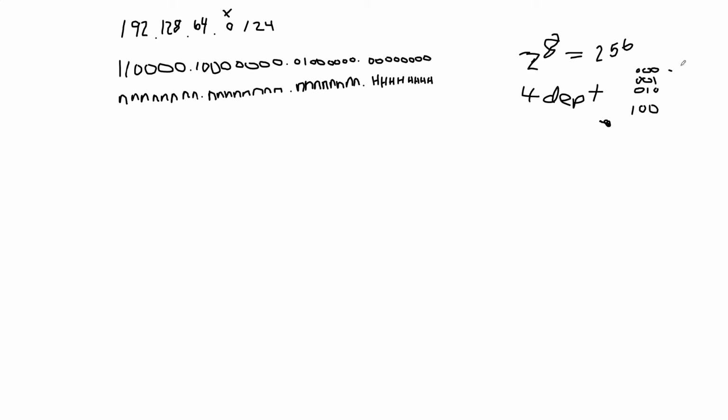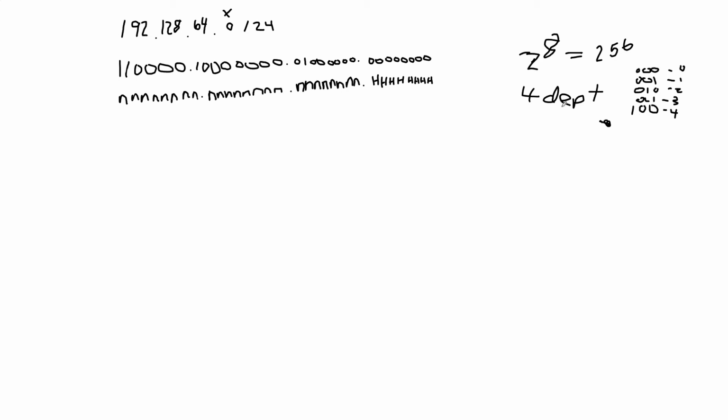So that would be equivalent to 0. That would be equivalent to 1. This would be equivalent to 2. 0, 1, 1, which would be the number 3. In order to be able to count to 4, I need to use 3 bits.